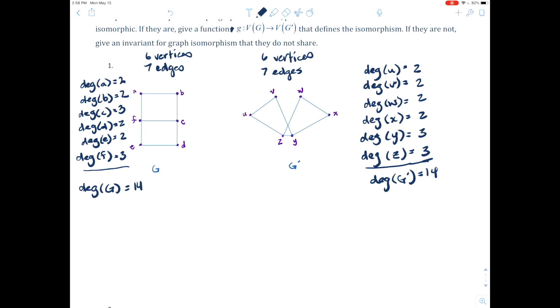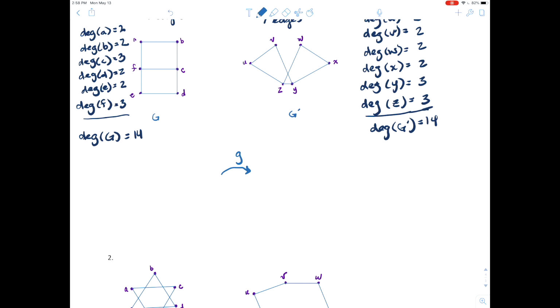So our correspondence g would be, if it works, since we're only doing the vertex correspondence, we just need to draw it once. We've got our A, B, C, D, E, and F from G, and we have U, V, W, X, Y, and Z from G prime. Now let's see about the correspondence.